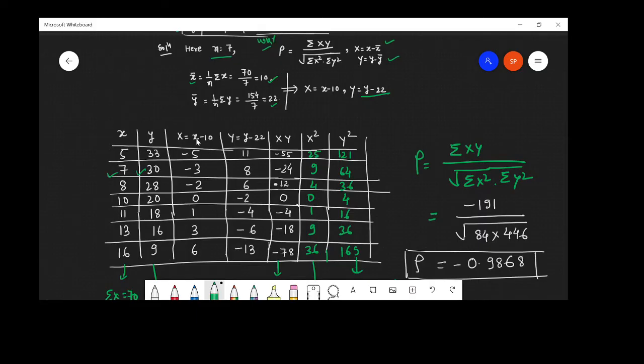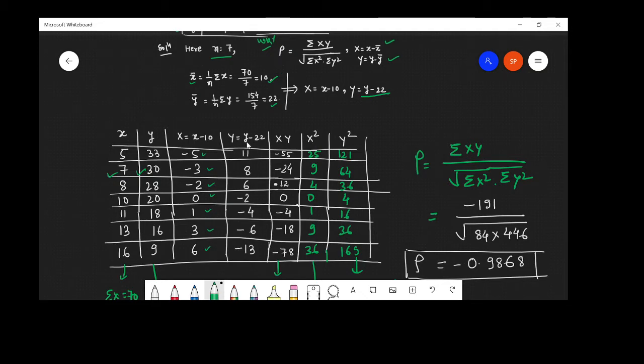After that we calculate x minus 10: 5 minus 10 is minus 5, 7 minus 10 is minus 3, 8 minus 10 is minus 2, 10 minus 10 is 0, 11 minus 10 is 1, 13 minus 10 is 3, 16 minus 10 is 6.